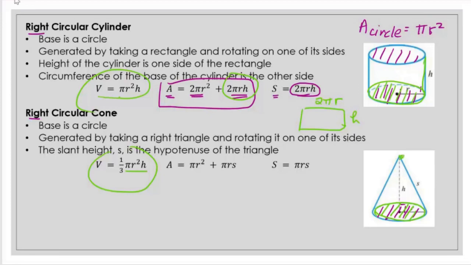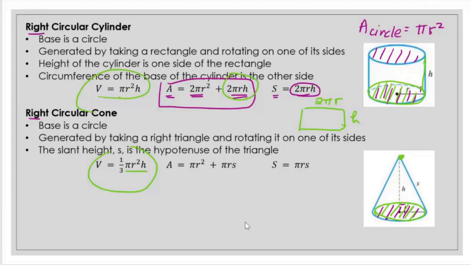Because we come to a point, rather than having the top circle have the same area as the bottom circle, which is the case with the cylinder, that's why the cone only takes up 1/3 of the volume. But otherwise, the formula is identical.